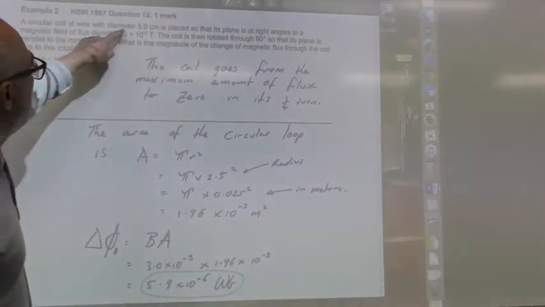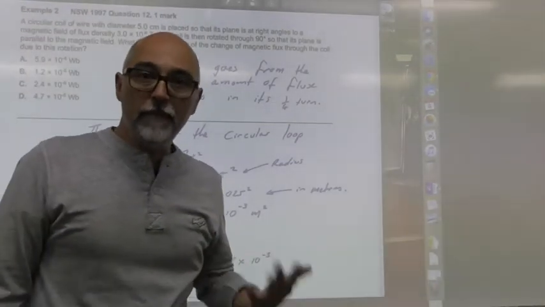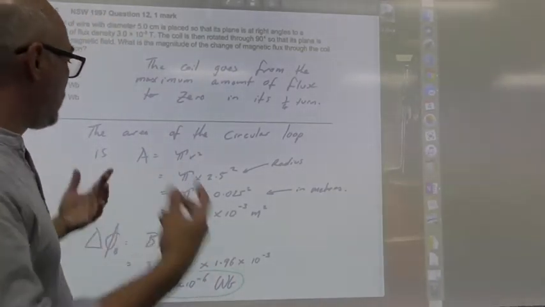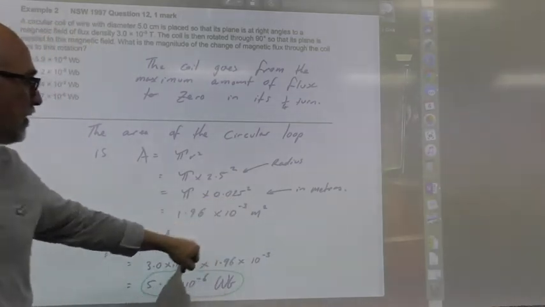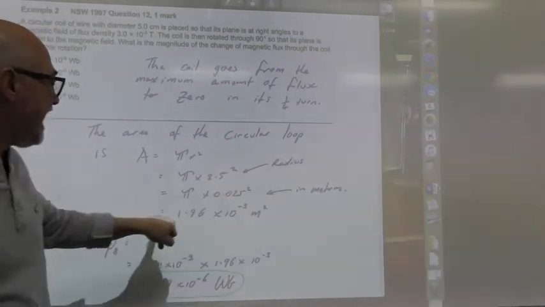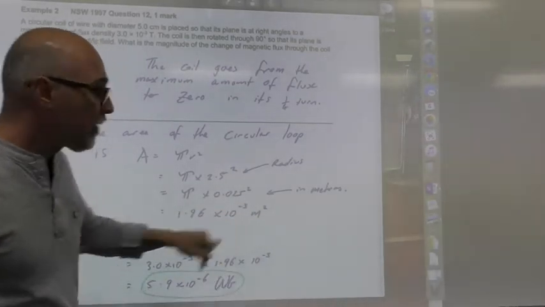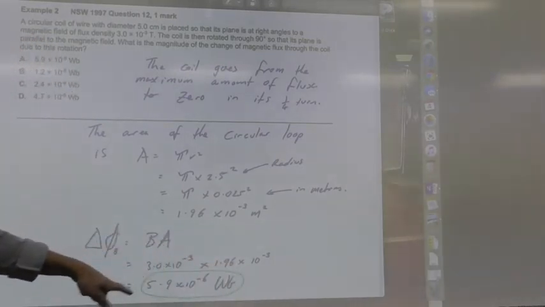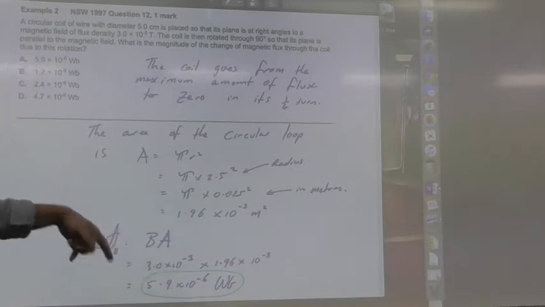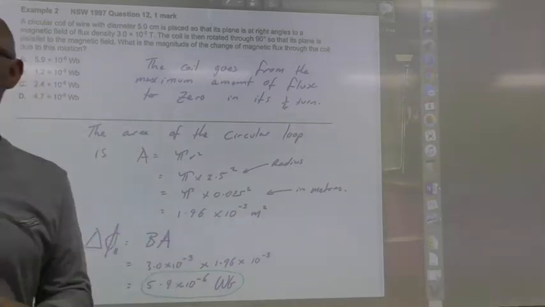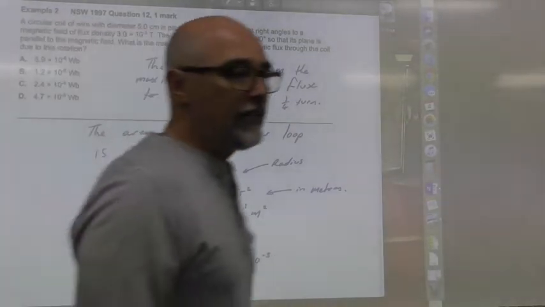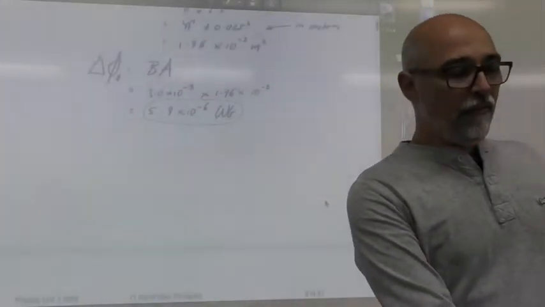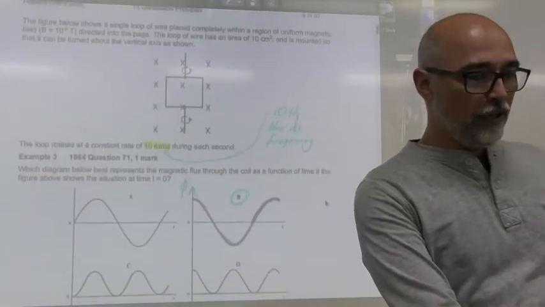So 5 centimeters is really 0.05 meters, and then a radius is 0.025 meters. So that's why these values come in here, and that is the area of the circle. And you multiply it by the strength of the magnetic field there, and that gives us 5.9 by 10 to the minus 6 Weber is the flux there. That's an easy question, just a direct application of a formula on the help sheet. Everyone should get that right.